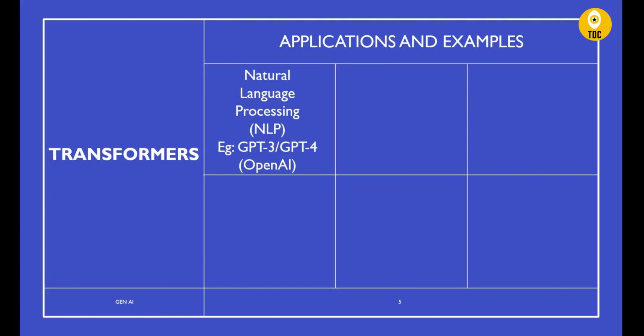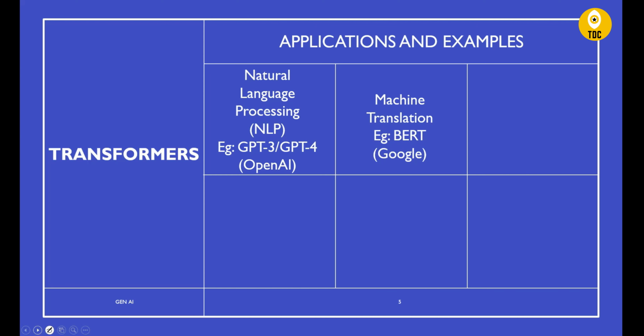ChatGPT 3 and 4.0 provide conversational AI capabilities. Conversational means you can prompt ChatGPT and ask follow-up questions. That is what we call conversational AI.